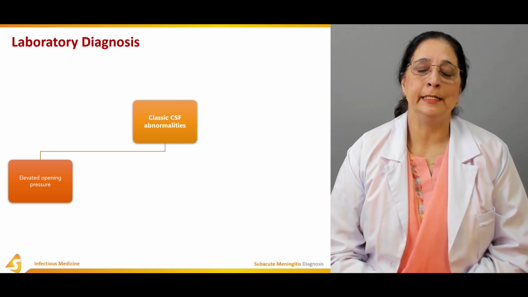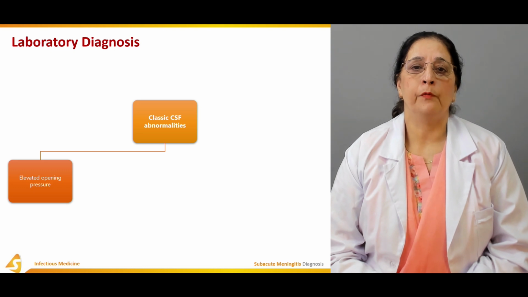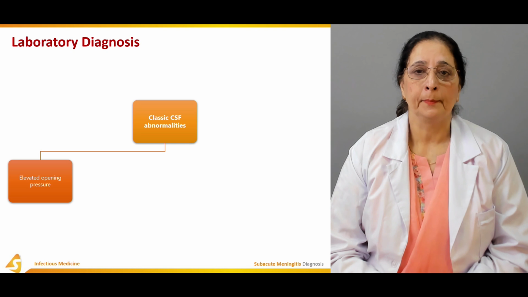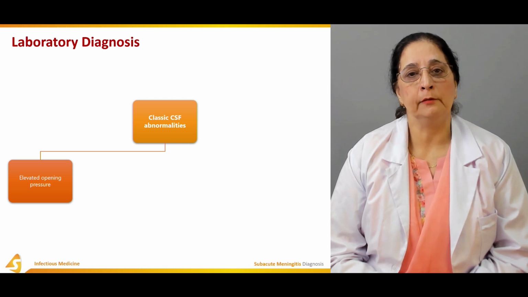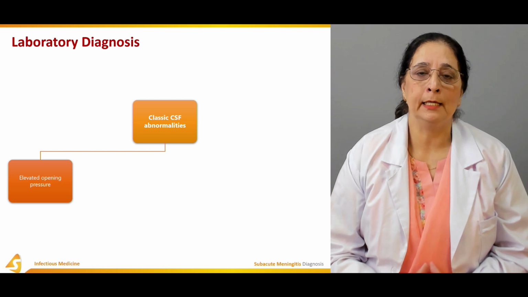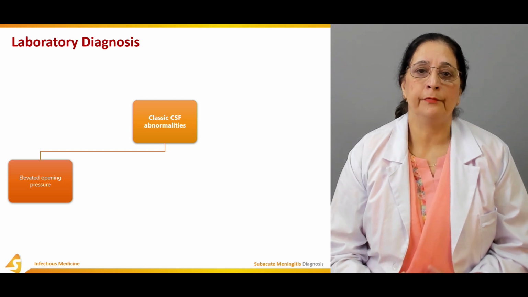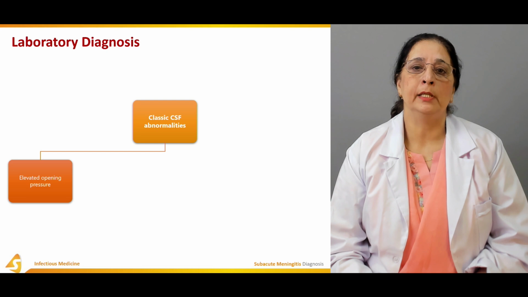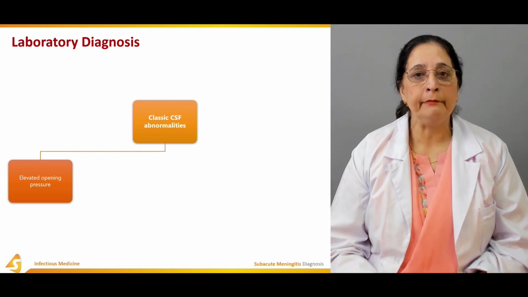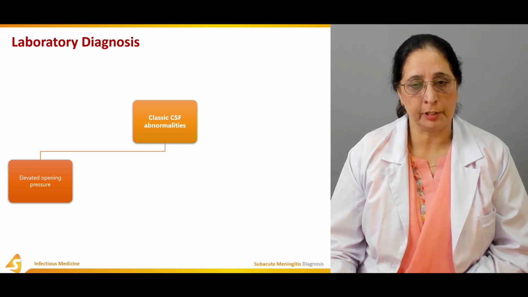A long needle is used, and it's performed between the lumbar 3 and lumbar 4 region, and the cerebrospinal fluid is removed. It's very helpful in the diagnosis of different conditions associated with the central nervous system. So there is elevated opening pressure.